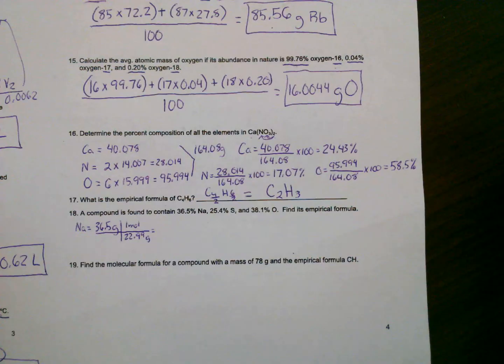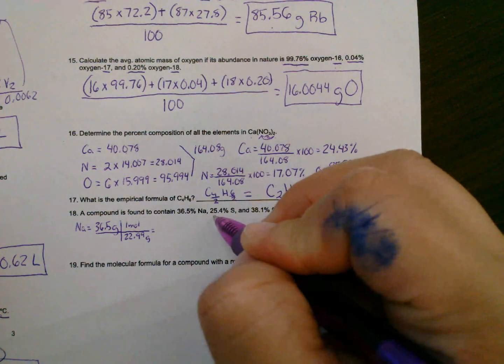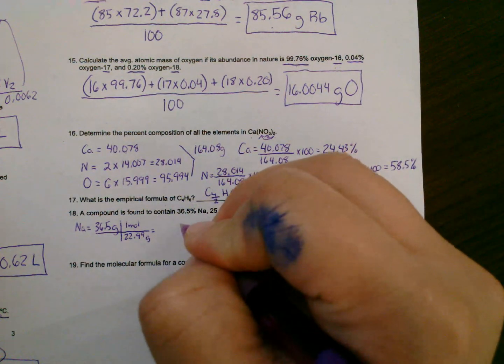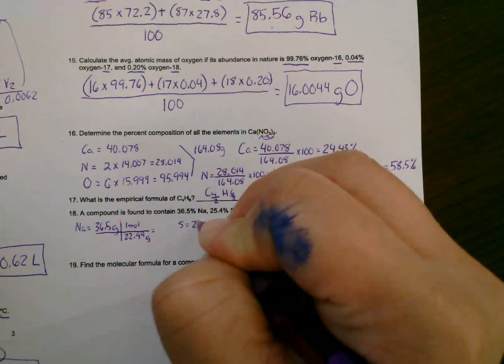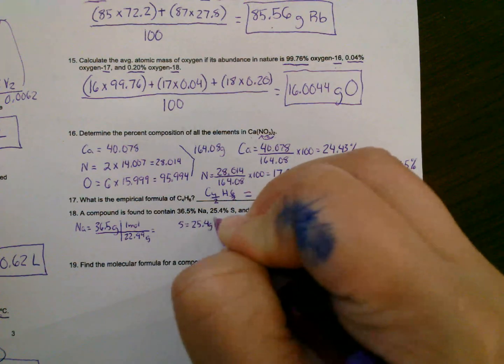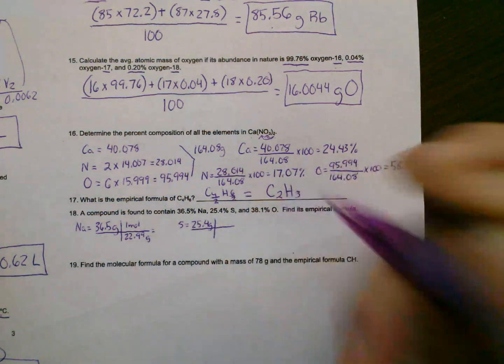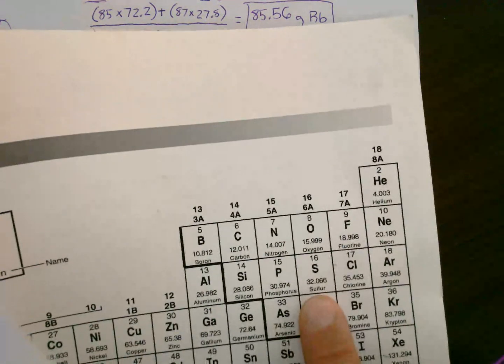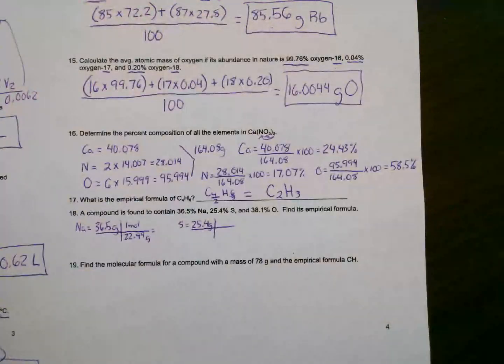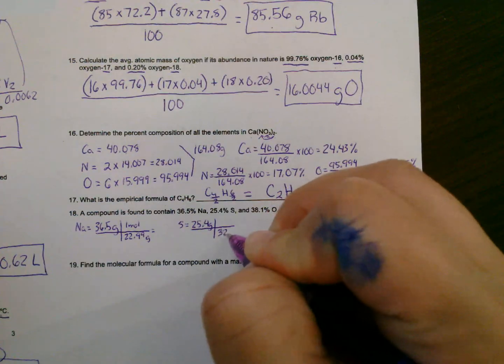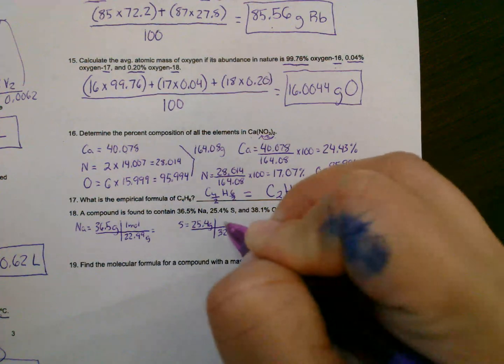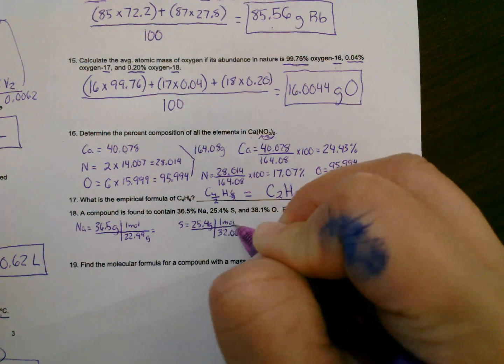And then let's set up the other ones before we calculate them. Then we're going to do 25.4 S, so that's grams. Then we're going to divide that by the molar mass of sulfur, which is 32.066. And that's 1 mole.